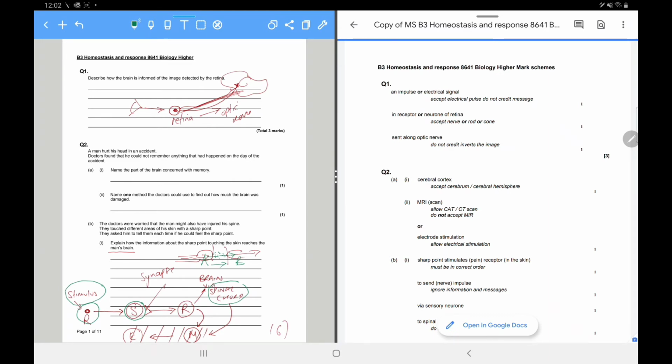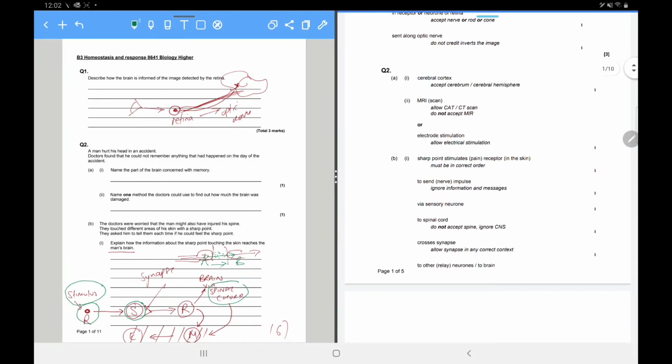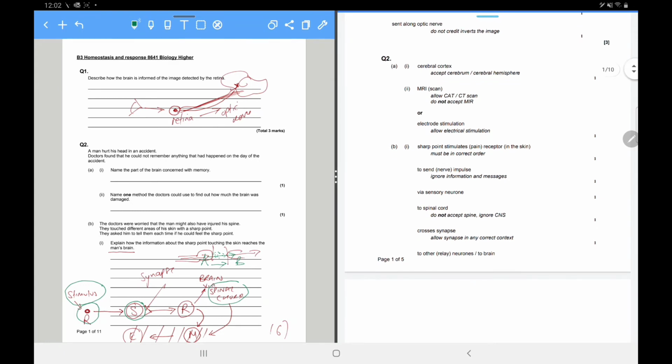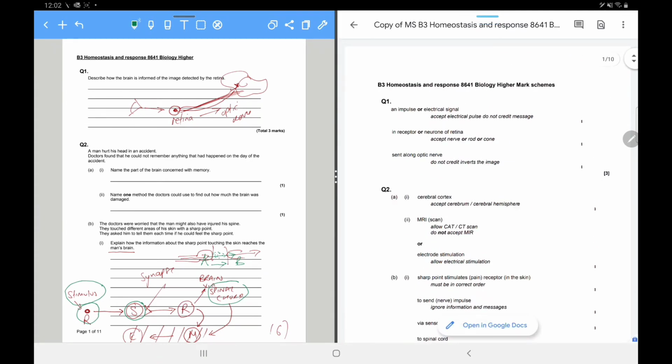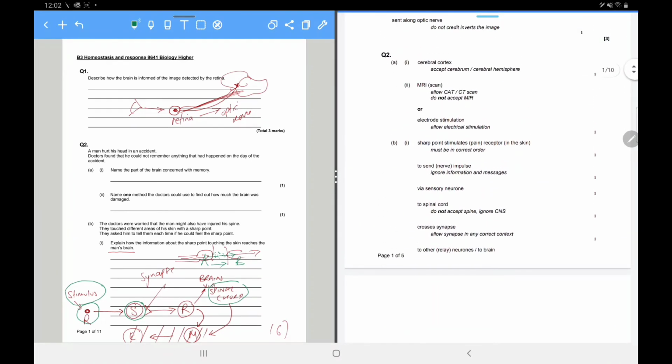If we look on the right hand side, we've got the mark scheme. We can see 'sharp point stimulates', so that's the stimulus I was talking about, the receptor, to send a nerve impulse via sensory neuron. Remember at the top, in the first question, we had nerve impulse, so can you see the terminology that they're looking for?